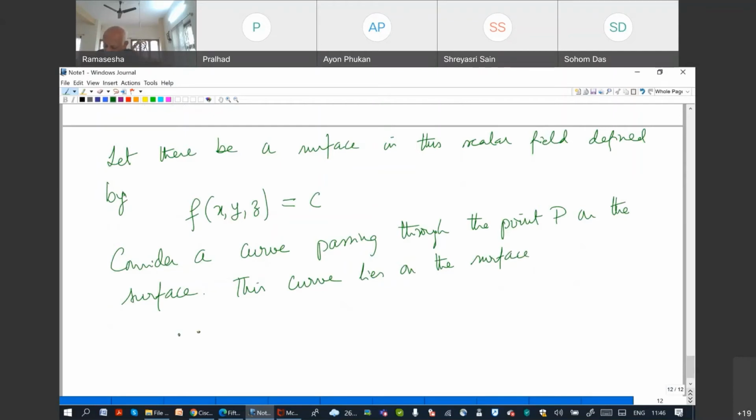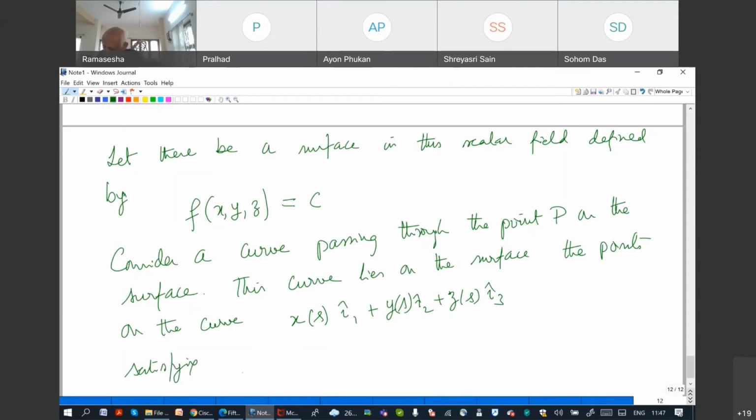Therefore the points on the curve, x(s) I1 plus y(s) I2 plus z(s) I3, satisfy f of x(s), y(s), z(s) equal to c.